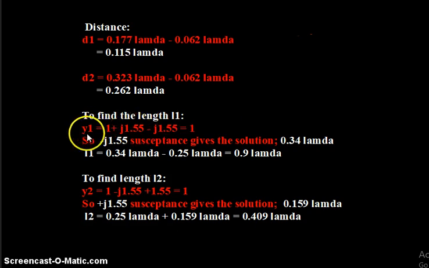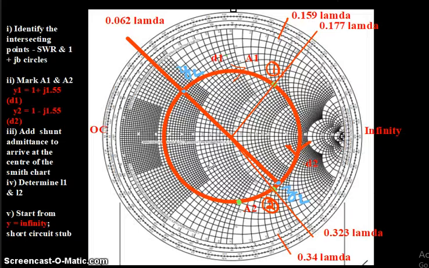For the first case, the Y1 case, we are going to add minus j 1.55. So 1 plus j 1.55 minus j 1.55 is equal to 1. This is the center of the Smith chart value. So minus j 1.55 will give the solution for the first point. This minus j 1.55 susceptance value gives 0.34 lambda.